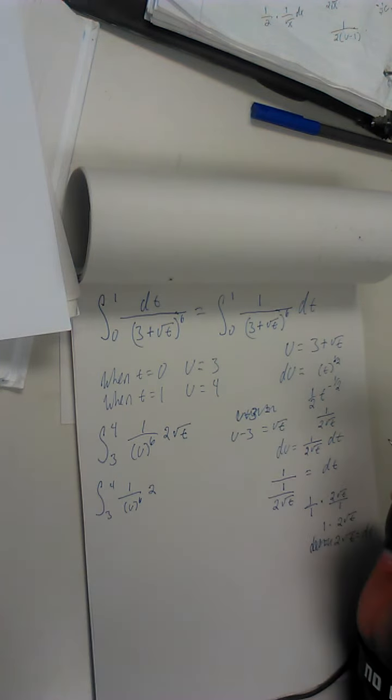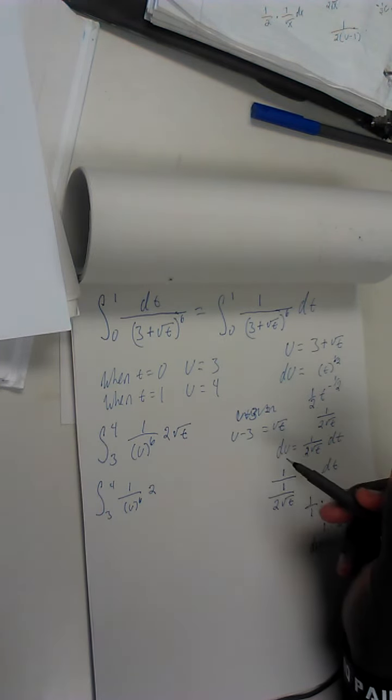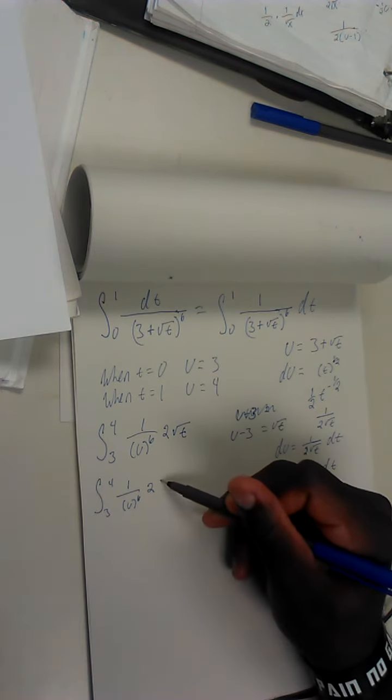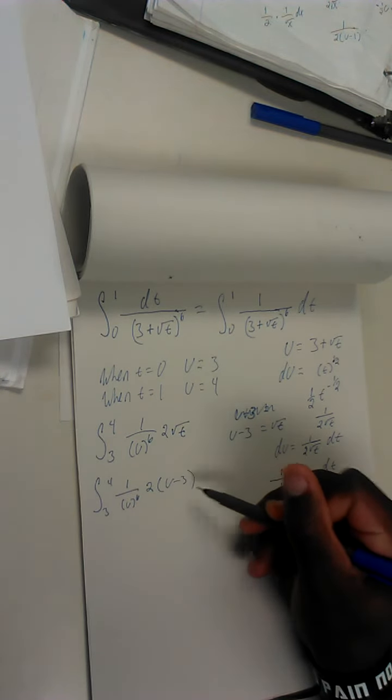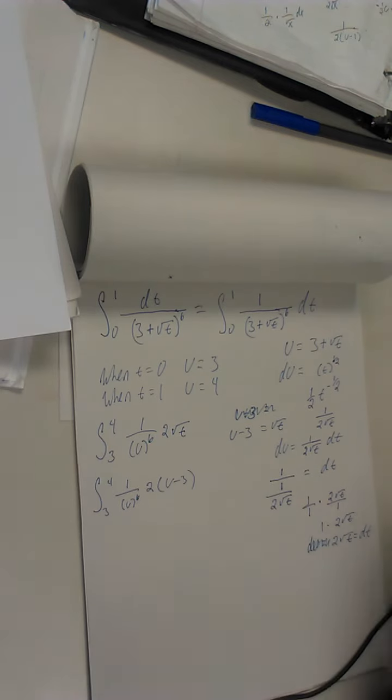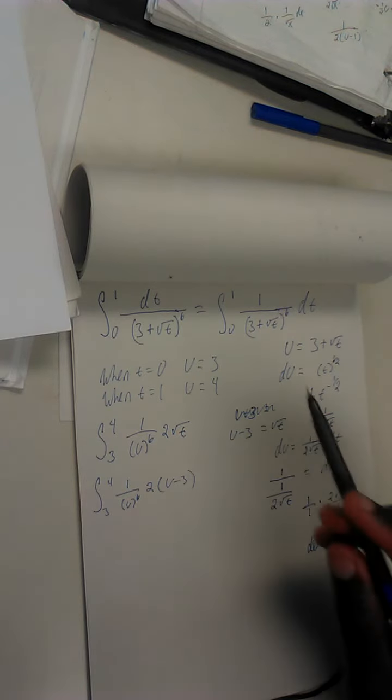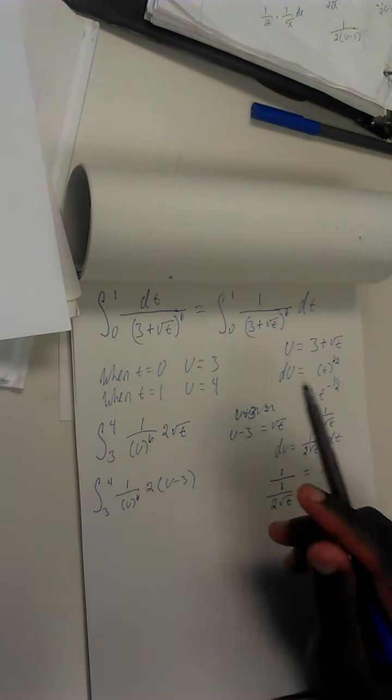So 2 times u minus 3, because radical t is equal to u minus 3. So let's plug this in.